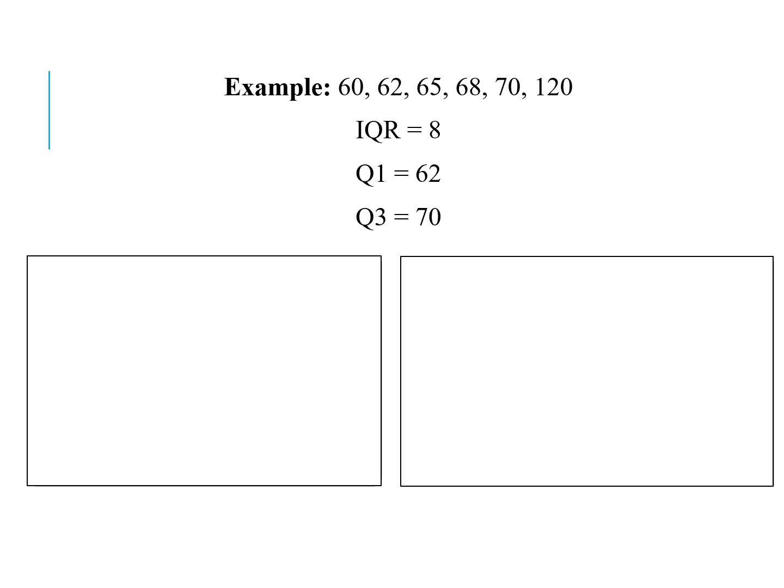We have a list of scores 60, 62, 65, 68, 70, and 120. The interquartile range is 8, quartile 1 is 62, and quartile 3 is 70. For the lower bounds, we use the equation quartile 1 minus 1.5 times the interquartile range, and we just plug in those numbers.